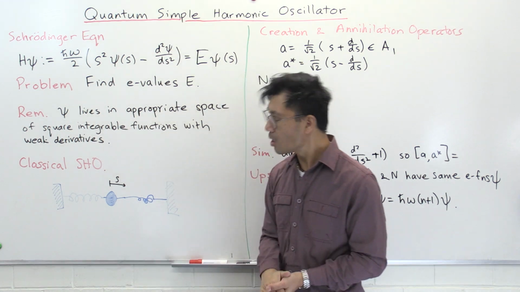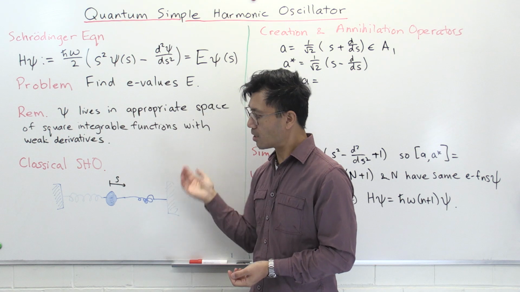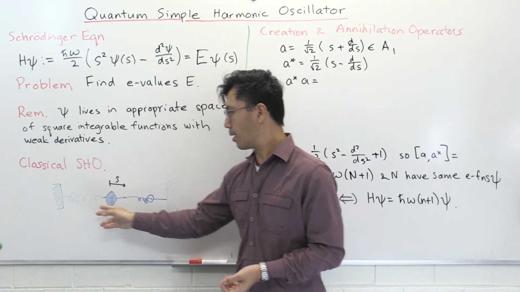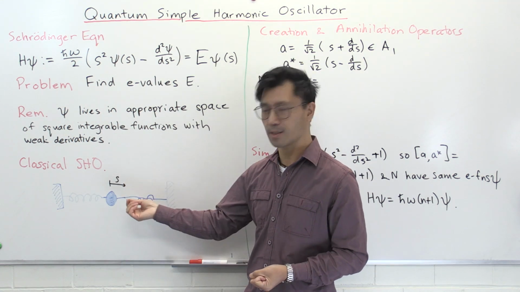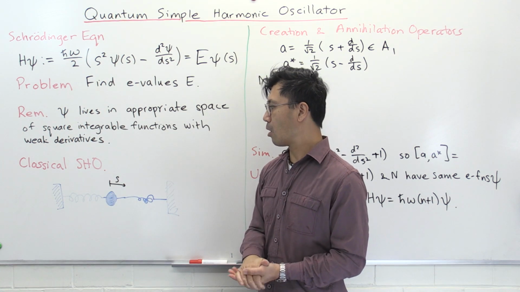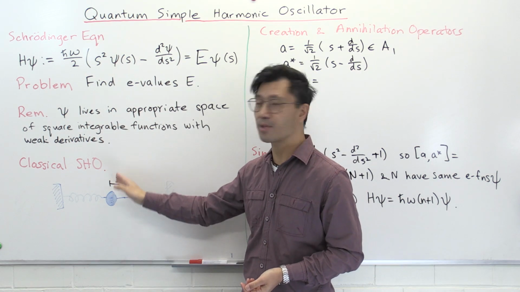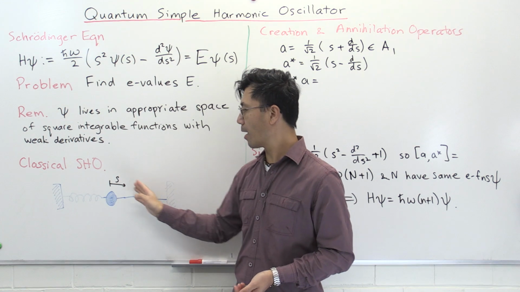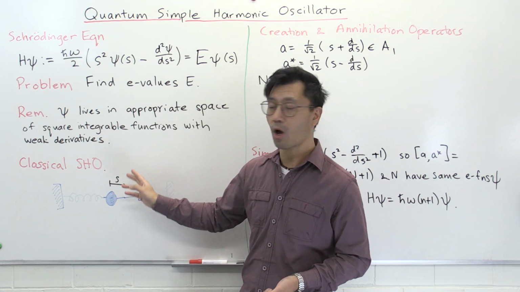If you happen to know a little bit of physics and want to see more clearly what the situation is, remember that in the classical case of a simple harmonic oscillator, you look at something that's attached to a spring. The s here is the displacement from the equilibrium position, and the potential energy is a constant multiple of s squared.